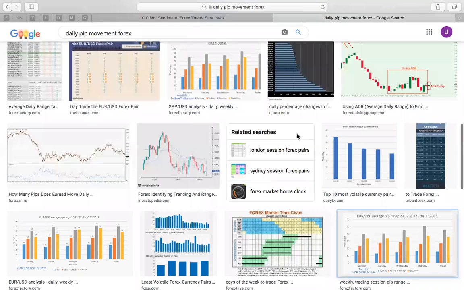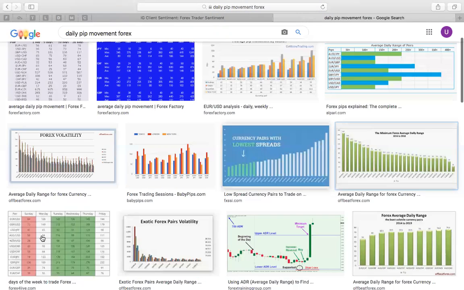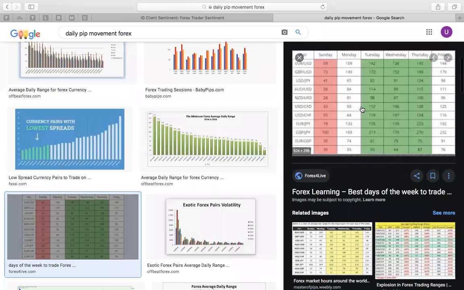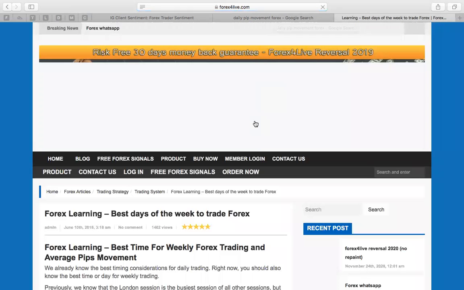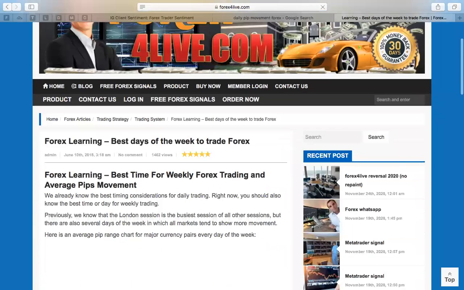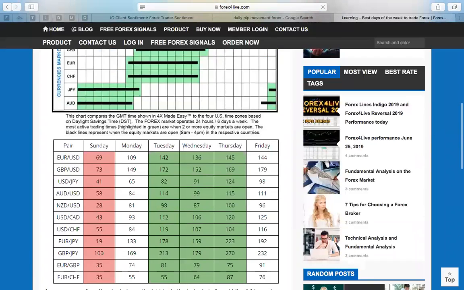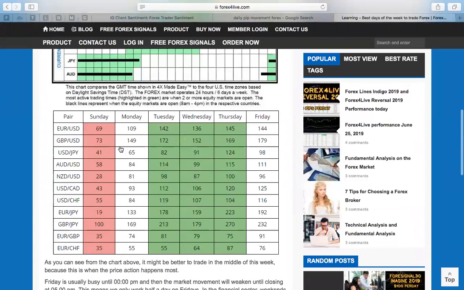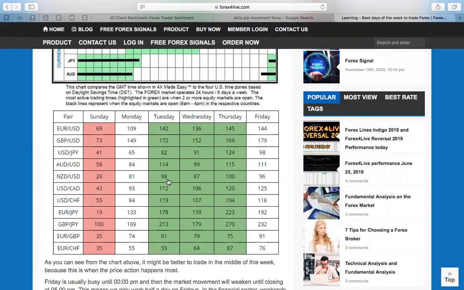I think this should suffice. So you can see NZD/USD, Mondays, 81 pips usually. Tuesdays are usually about 98 pips.